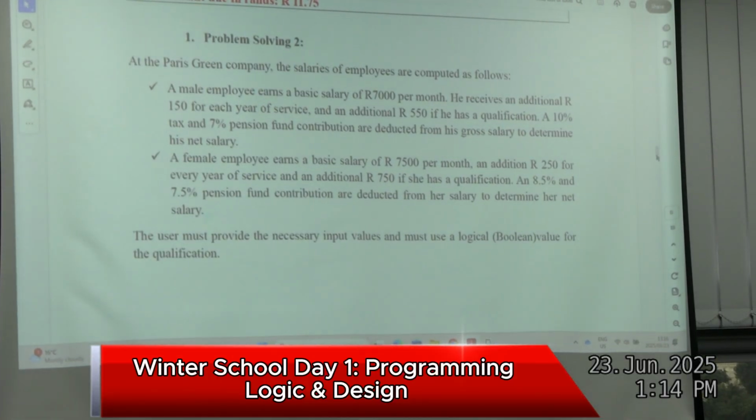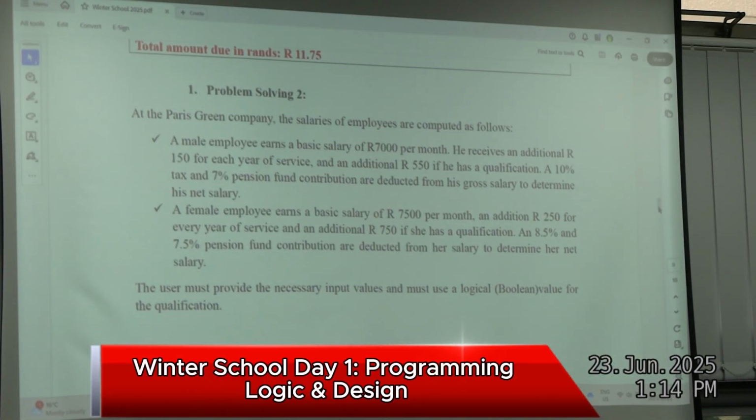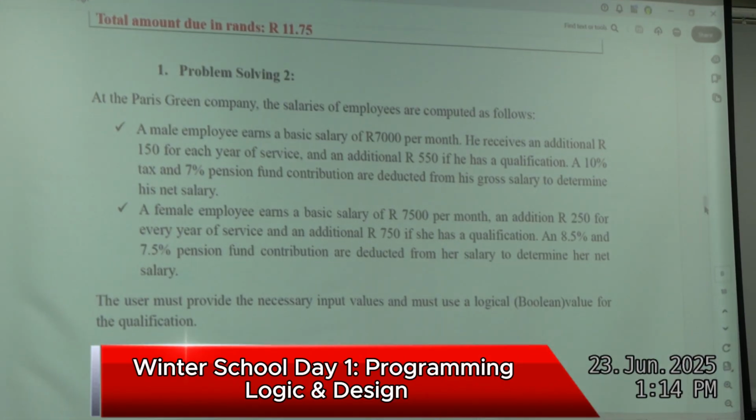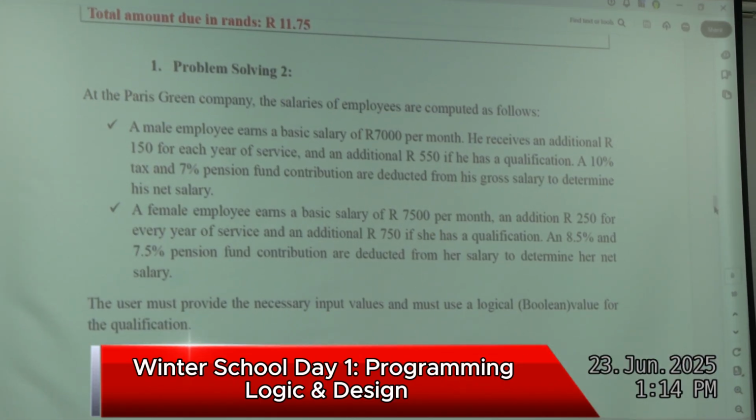Now, the problem statement says this. At Paris Brewing Company, the salaries of employees are computed as follows. I'm pretty sure that internally you'll also be reading so that you can understand. The time we start analyzing the problem, all of us will be able to participate.